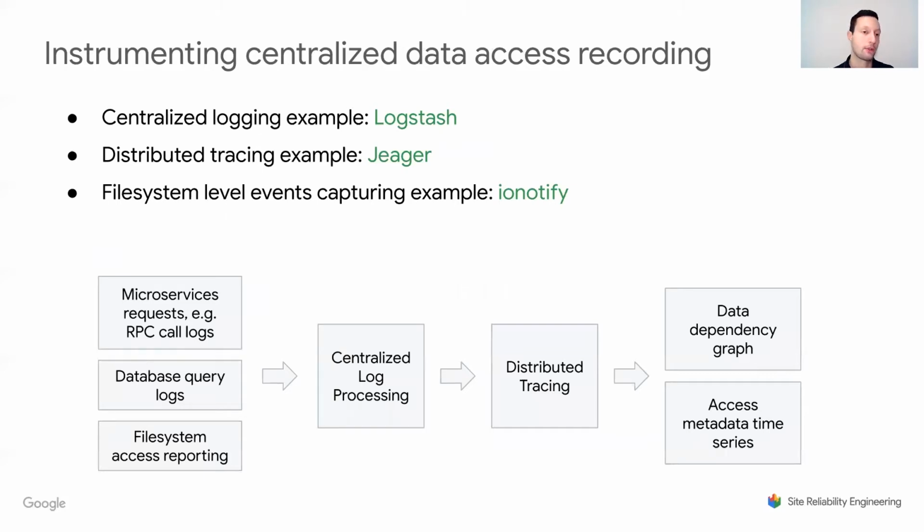Now let's talk about instrumenting the solution. At Google, we use our own ecosystem to record systems' read-write activity. One can build a similar solution in their organization with the help of third-party or open-source software by combining different components. This can boil down to centralized log harvesting and distributed tracing at multiple levels.